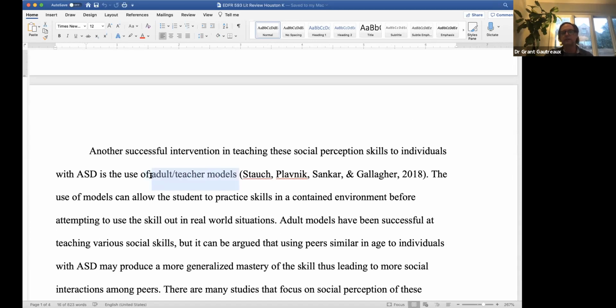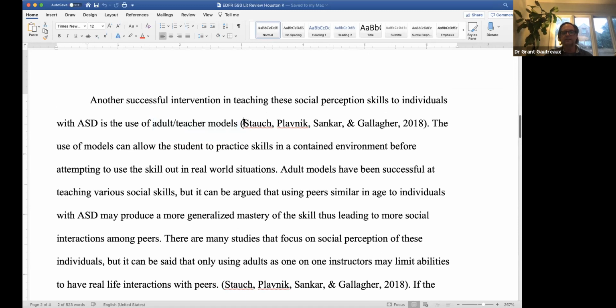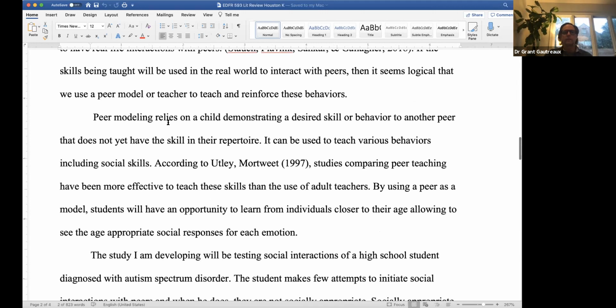Now we've switched interventions. That's fine. Talking about that, a little too heavy on this citation. I can tell you right now, there are several models out there about modeling. And then there's video modeling, peer-based modeling, and so on. Now we've shifted to peer teaching. And again, I think there's a lot of research out there, not just from Utley and Mark Tweed.